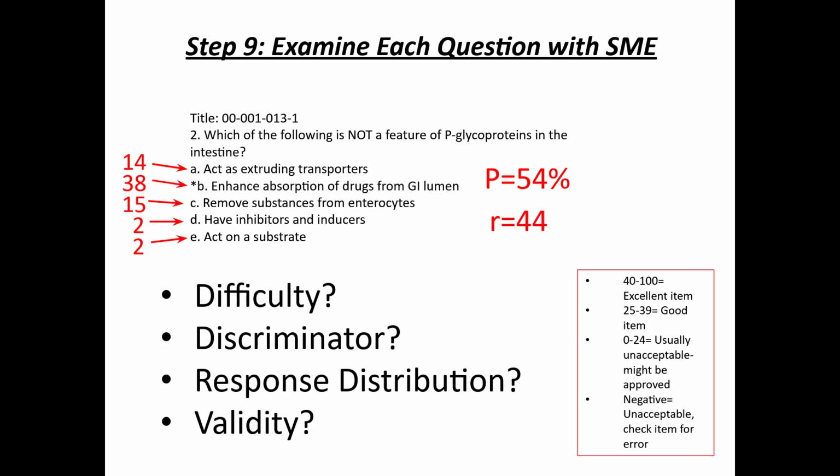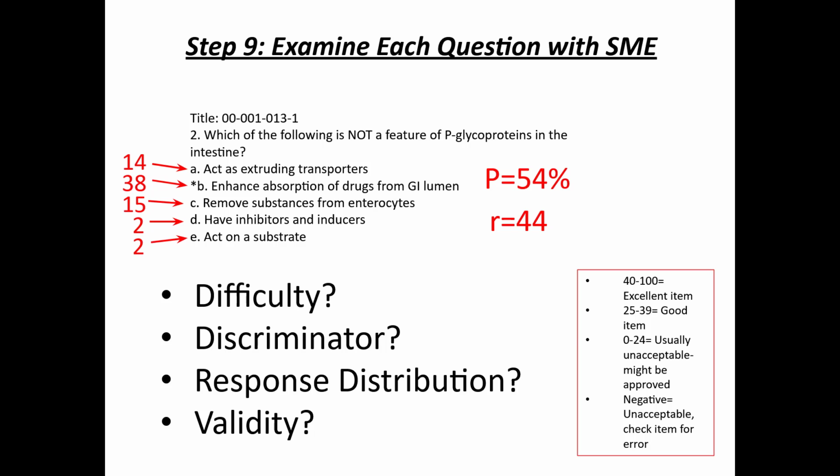A lot of people I know who do item analysis, they would look at that and they'd say, okay, great, let's move on. We're not gonna tear this question apart. It's got good numbers. It's a difficult question, but it discriminated well. The students who knew their stuff were more likely to get it right than the students who didn't do as well on the exam.